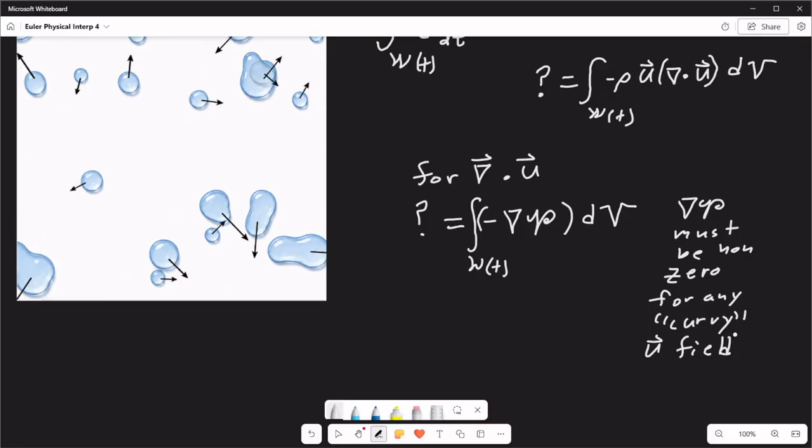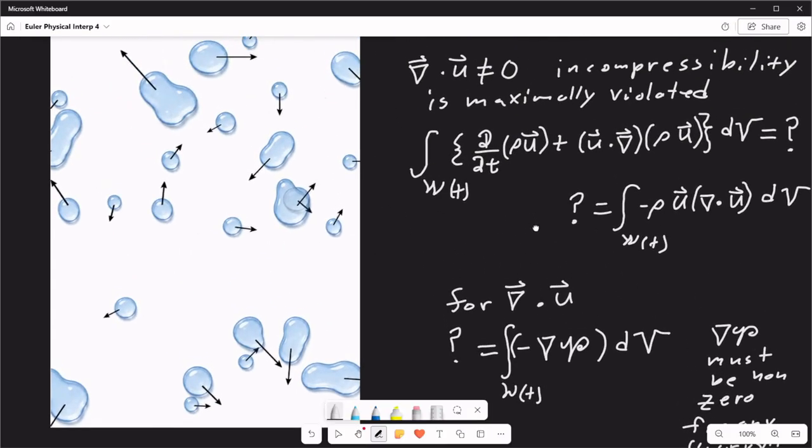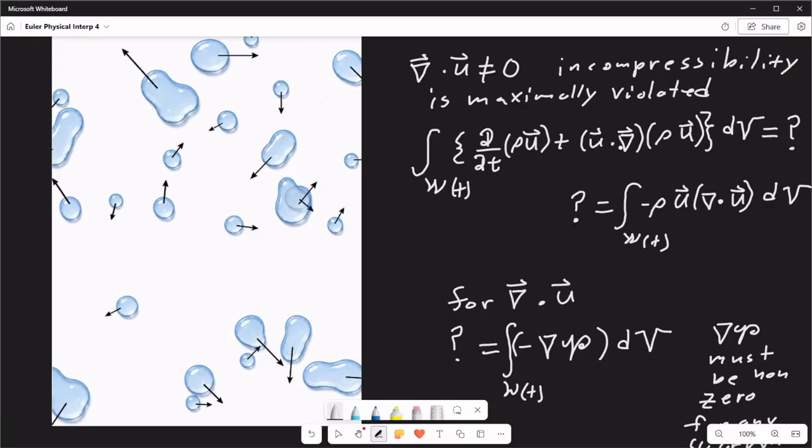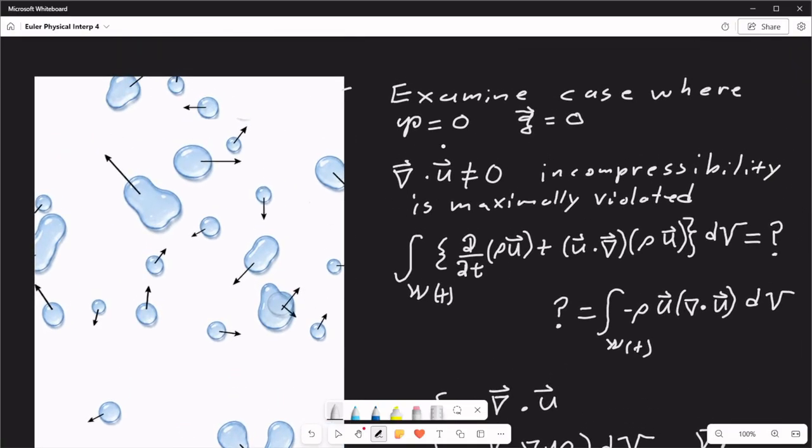So basically things are moving around. Pretty much the gradient of P is what restores the fluid into a fluid. If you don't have that and there are just varying velocities, what's going to happen is it's going to bunch up and spread out and do other strange things.